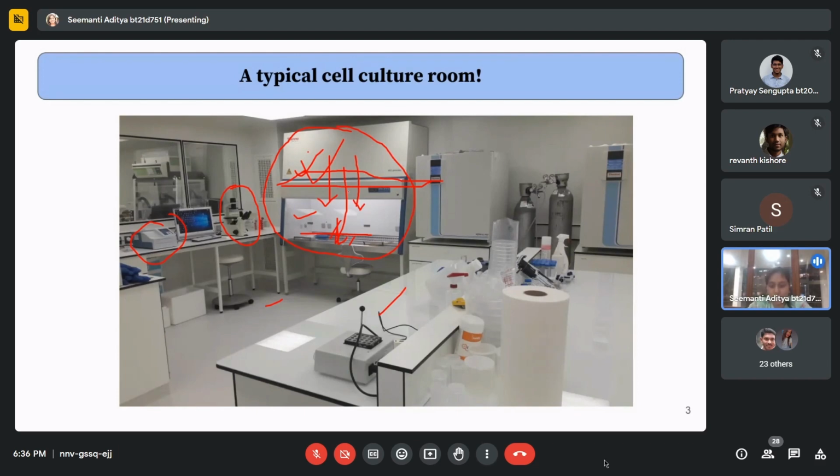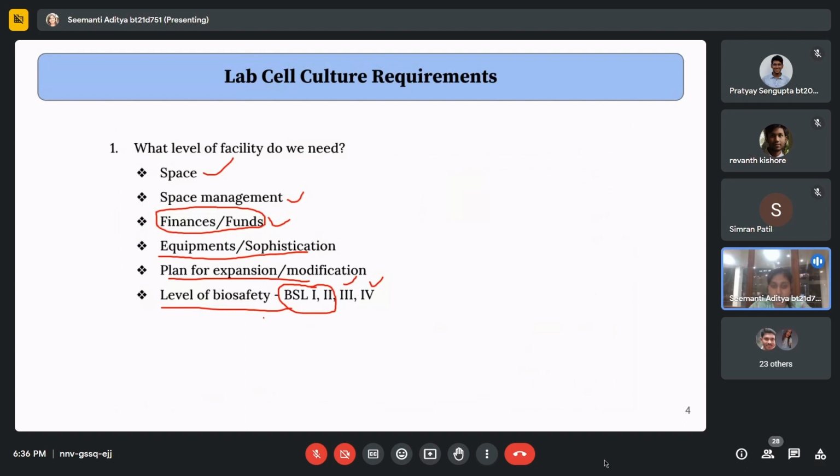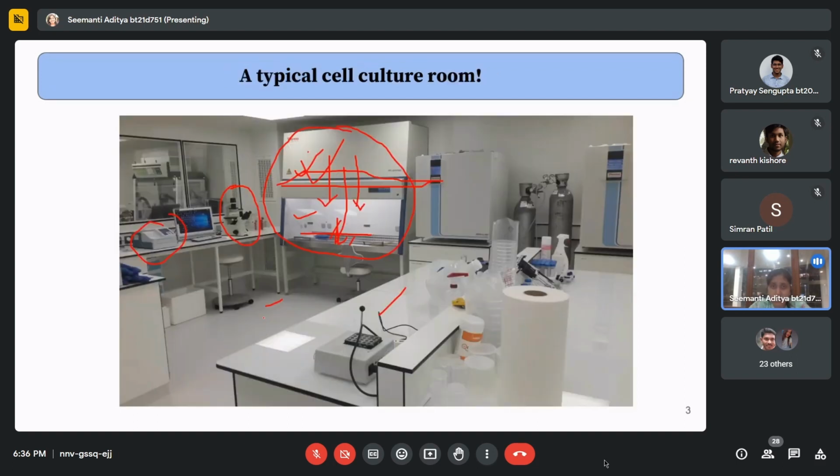So the biosafety level generally refers to what level of hood you are using. A biosafety level 1 or 2 hood will look something like this. Biosafety level 3 and 4 hoods are very advanced, and people need to wear PPE kits, gloves, masks, and totally covered clothing, so that they do not get exposed to any infectious agents that they are working with.